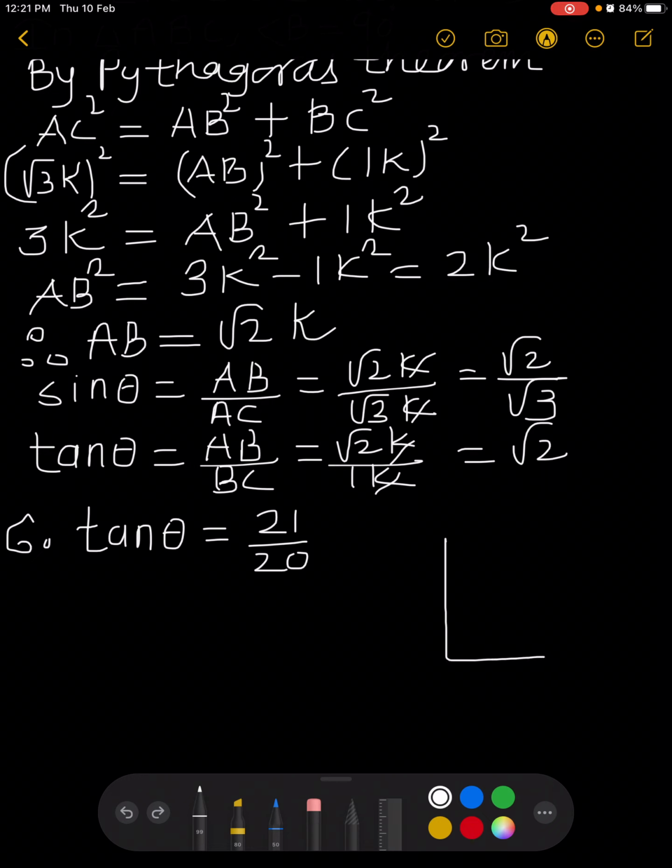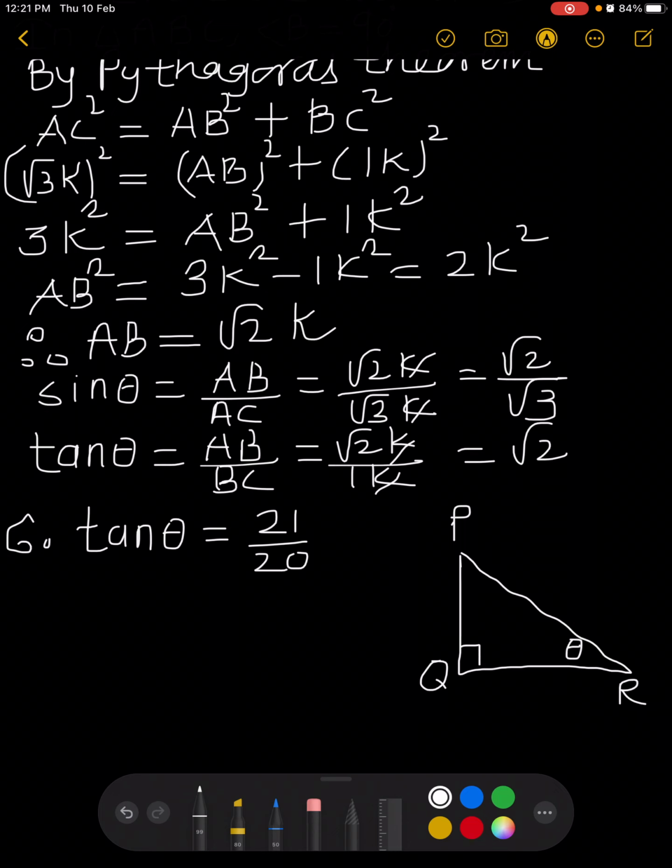Let us draw a right angle triangle here. Let me call the given right angle triangle this time PQR, a right angle triangle.